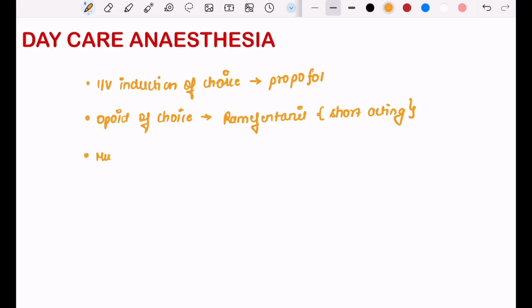The muscle relaxant of choice is rocuronium and sugammadex combination.